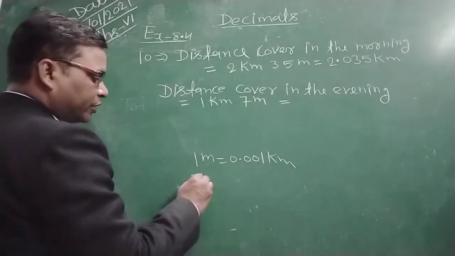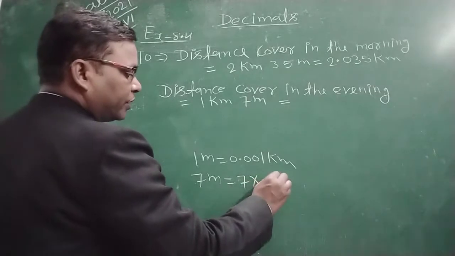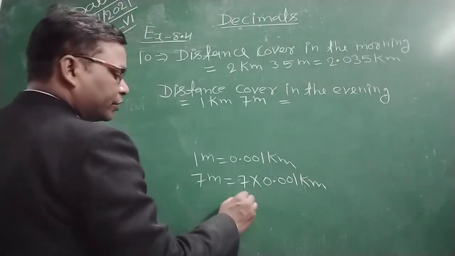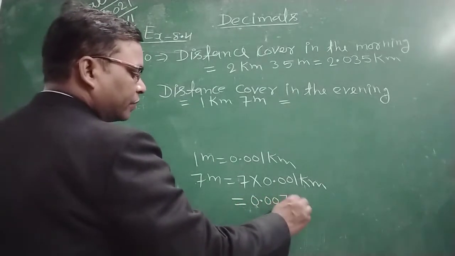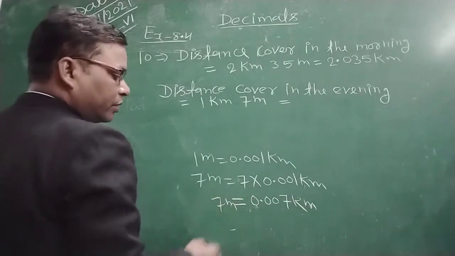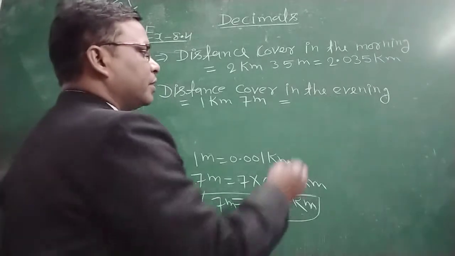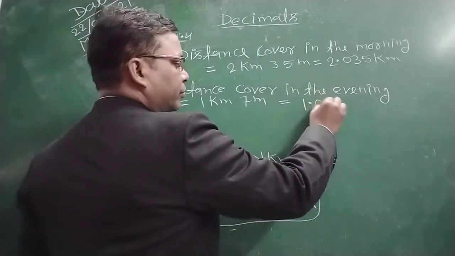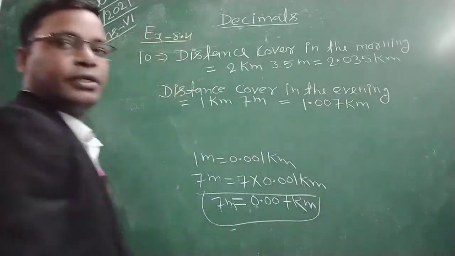So 7 meter is equal to 7 into 0.001 kilometer. This is equal to 0.007 kilometer. If you add them, then you get 1.007 kilometer. This is clear?